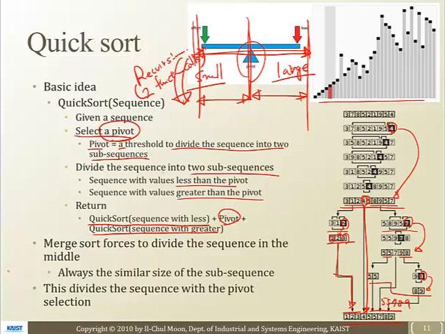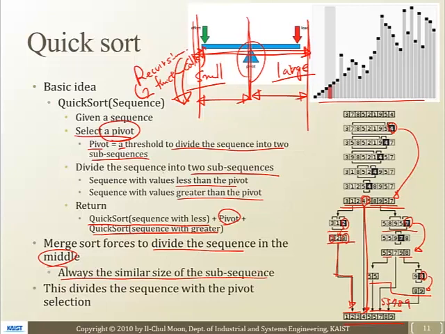Merge sort utilizes a similar method, which is dividing a sequence into subpieces. However, merge sort always breaks it in the middle, so it always has subsequences of similar size. However, quicksort is based upon the pivot selection.